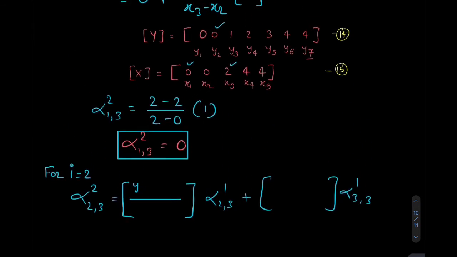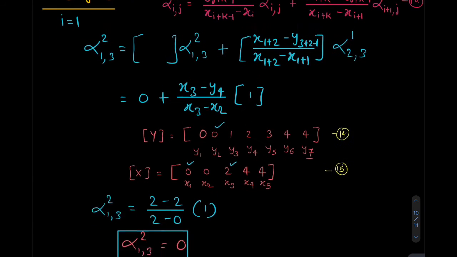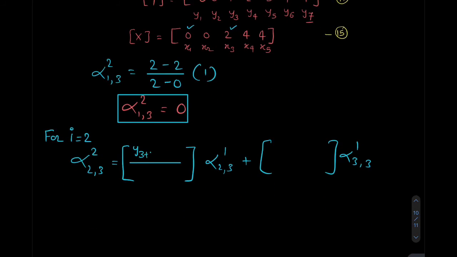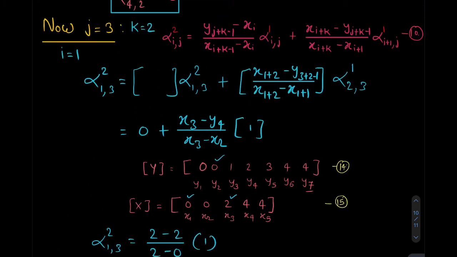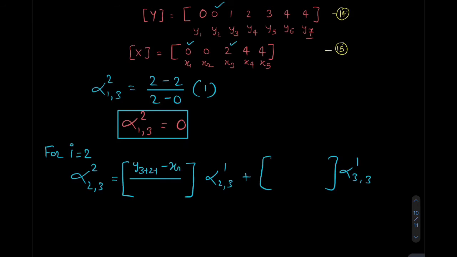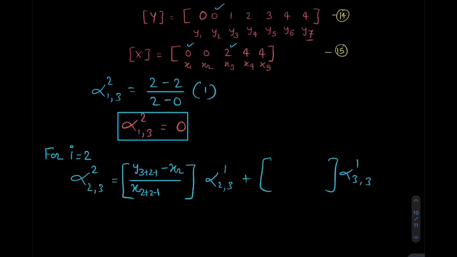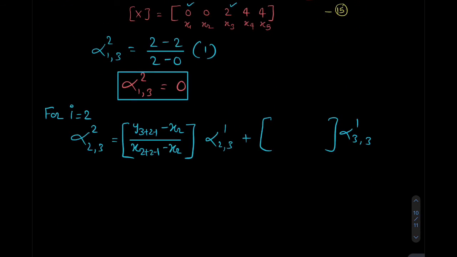y of j plus k minus 1, so j is 3 plus 2 minus 1, minus xi, which is x2, divided by x2 plus 2 minus 1, which is i plus k minus 1, minus x2. So this is y4 minus x2 divided by x3 minus x2, and this value is unity.